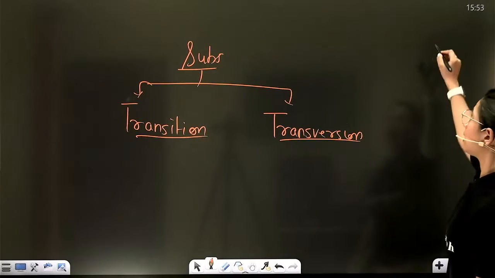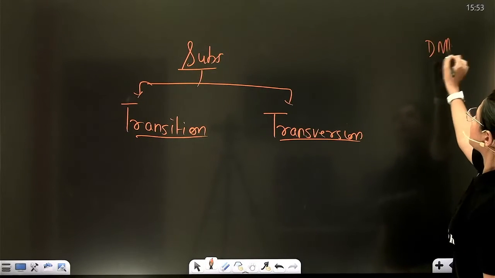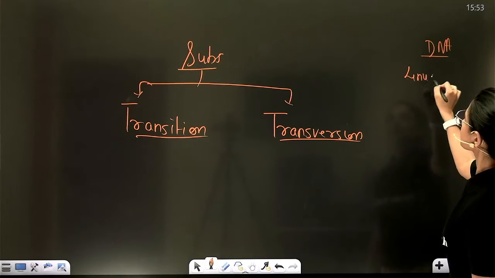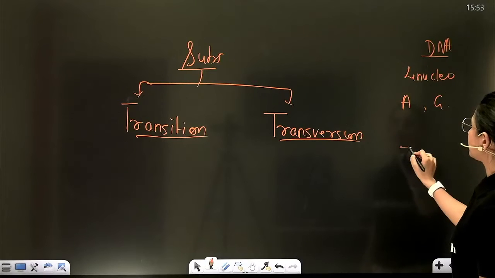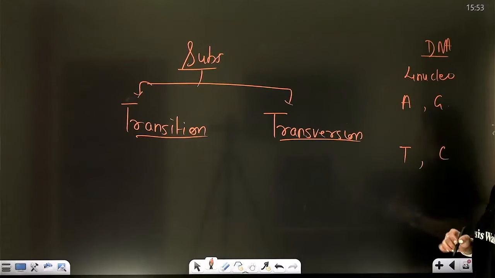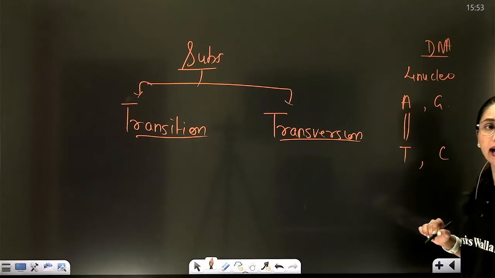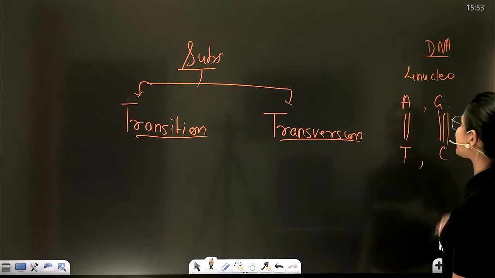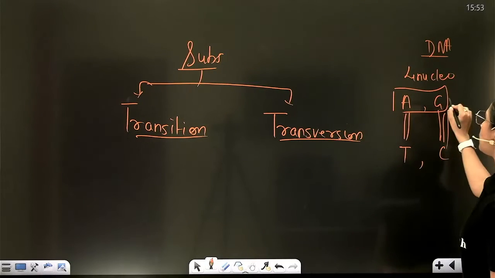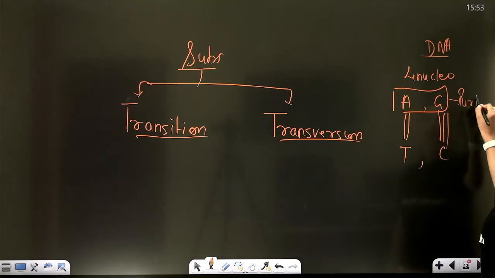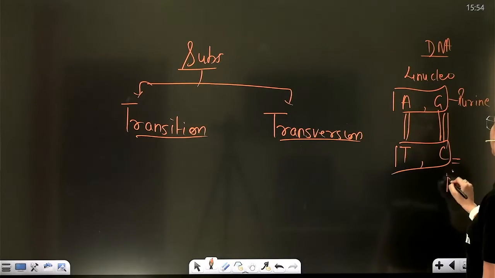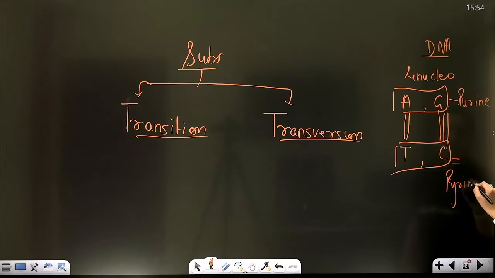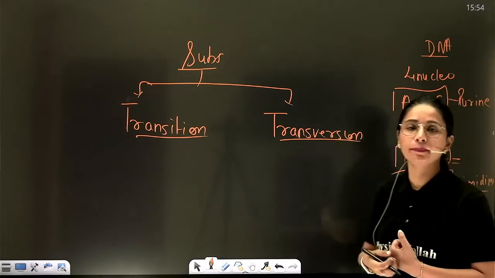Let me tell you beta, our DNA, it is made up of 4 nucleotides, which are adenine, guanine, thymine, cytosine, right? Adenine pairs with thymine, guanine pairs with cytosine. Adenine and guanine beta, they are called purines, and thymine, cytosine beta, they are called pyrimidines. They are a type of heterocyclic organic compound.